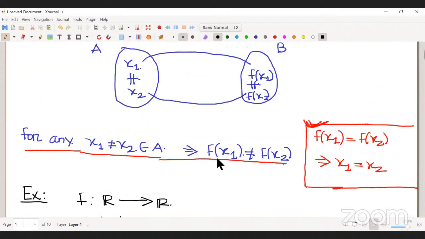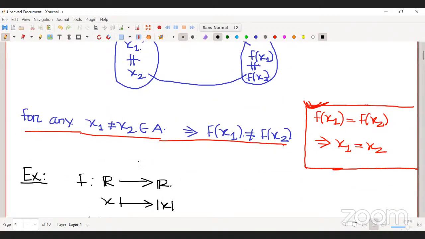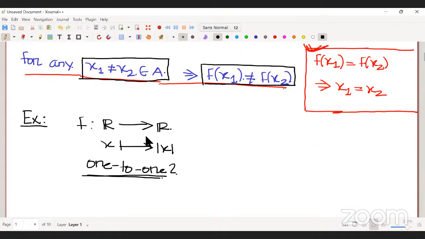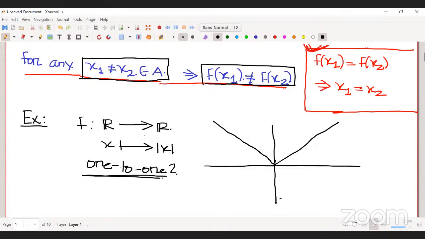So if we go and check the definition of one-to-one, it's basically saying if I take two different inputs, their images should also be different. But in the case of the modulus function, as you can see in the graph, if we draw the graph of the modulus function, this is the graph of the modulus function.